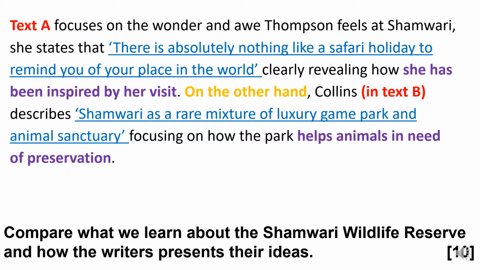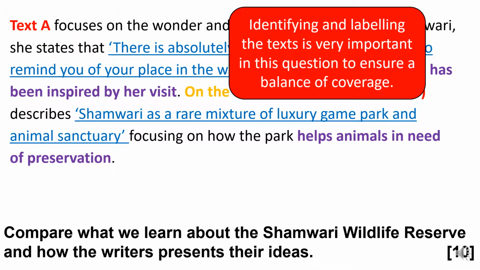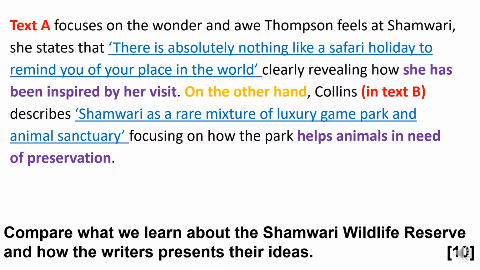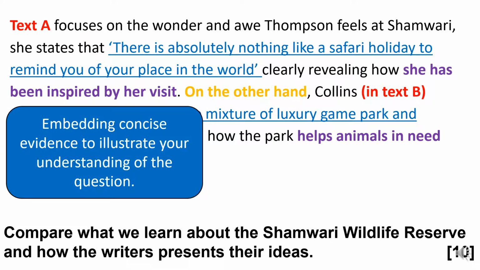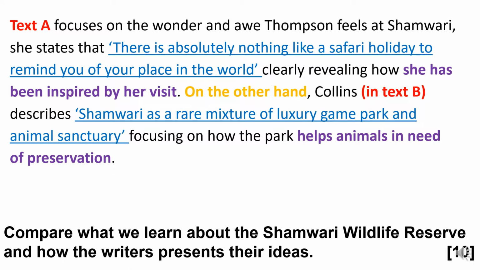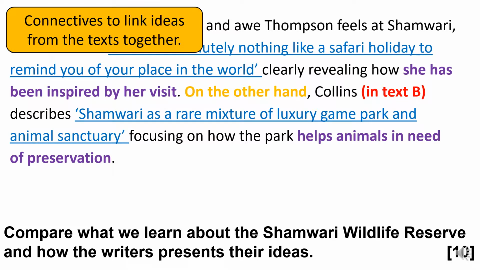So if we zoom in on what we've done with this response, clearly it's important to identify and label which text you are commenting on, and that helps you get a balance of coverage between the texts too. We've also, like in lots of other question types, done the really important job of embedding evidence, quoting from each of the texts to illustrate your understanding of the question. And we are using connectives in this particular response to link ideas from the texts together.